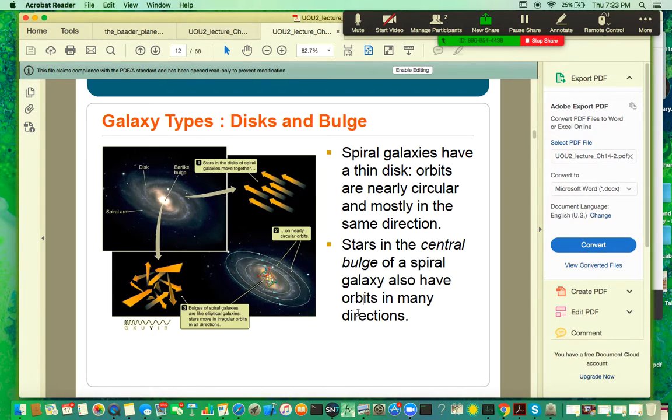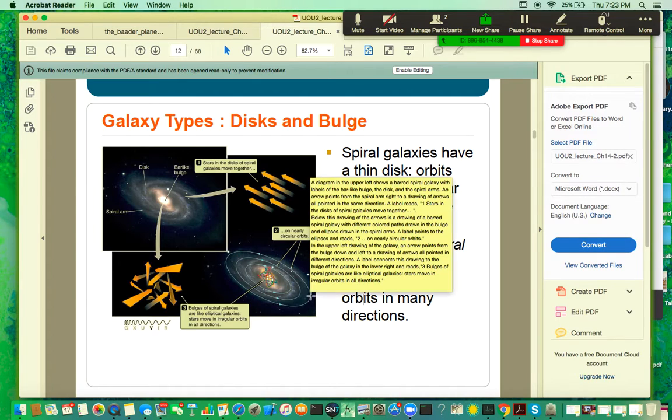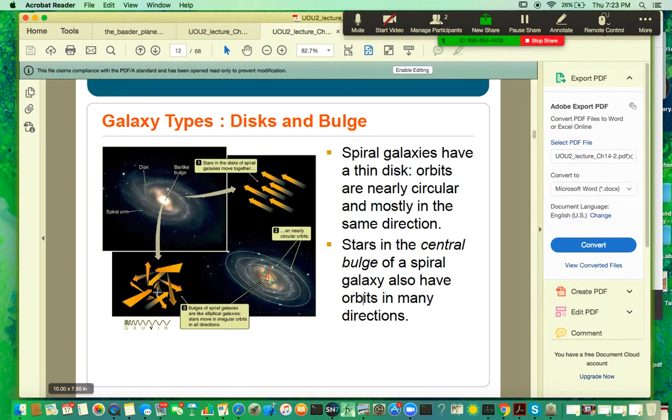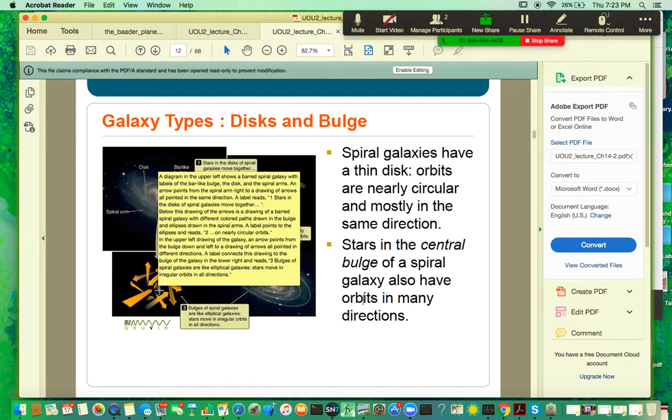Now, what this slide is showing is the global motion of the stars that happen to populate either the disk or the bulge. A star in the bulge goes in any direction. They don't go in a global way, like a herd of ships that move in the same direction, or a herd of antelopes that goes in the same direction.